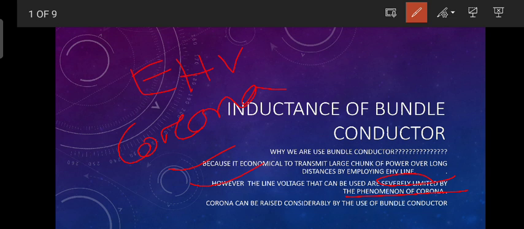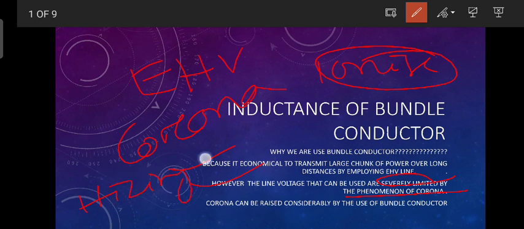Corona is the phenomenon in which the atmosphere is ionized. First it ionizes, and then produces a hissing noise with production of ozone gas.